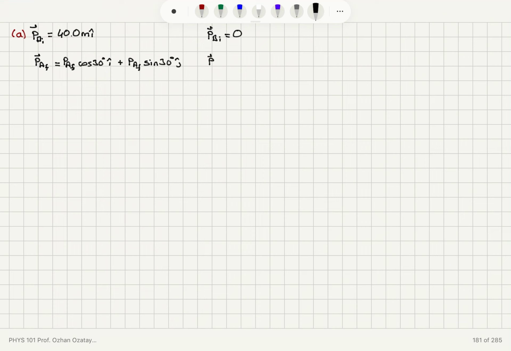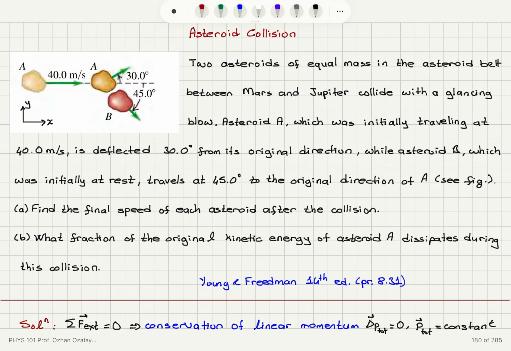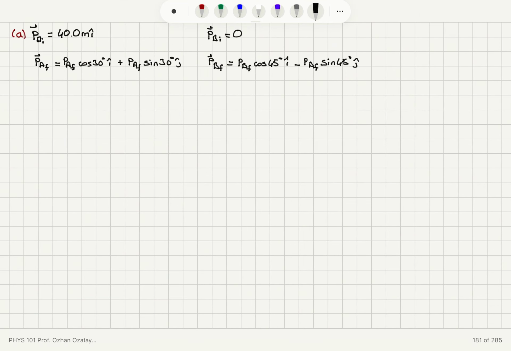The final linear momentum for asteroid B will be the magnitude of the final linear momentum cosine 45 I-hat minus the final linear momentum magnitude sine 45 j-hat, because as you can see we have a negative component on the y-axis. So if I write the total linear momentum of the system, initially it was 40 m I-hat.